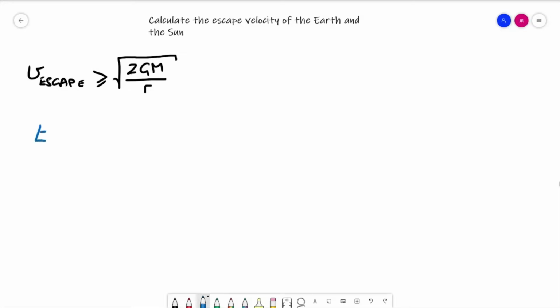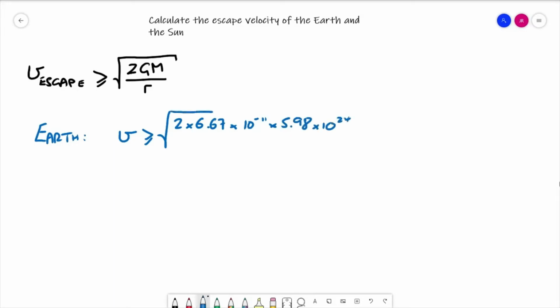So if we do the Earth first, v has got to be greater than or equal to the root of 2 times 6.67 times 10 to the minus 11, multiplied by the mass of the Earth, which is 5.98 times 10 to the 24 kilograms, divided by the radius of the Earth, which is 6,370 kilometres, 6.37 times 10 to the 6 metres.